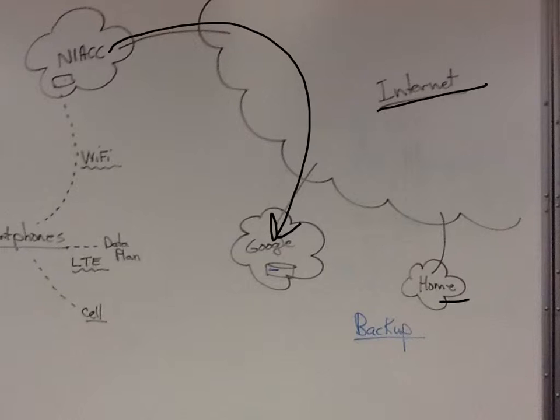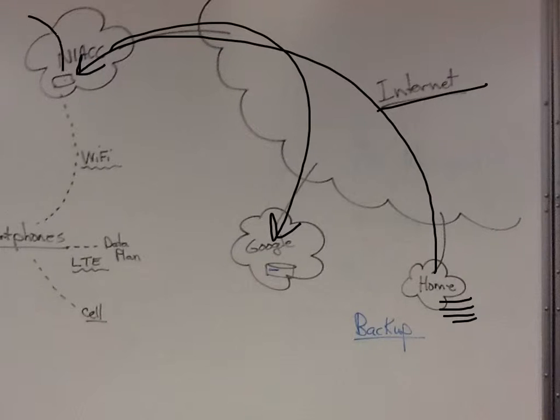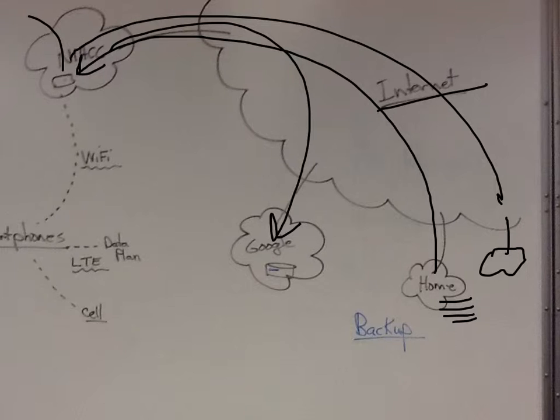Or you could have files stay locally at home, and then you could upload a file to Angel here at NIACC. When you do that, I can either be at NIACC and look at it, or I can be at my house, come through the internet, and look at that file, and I can actually download it to my computer at home if I need to correct it.